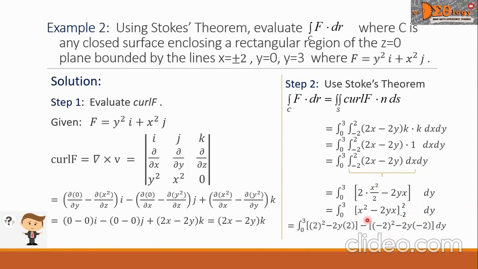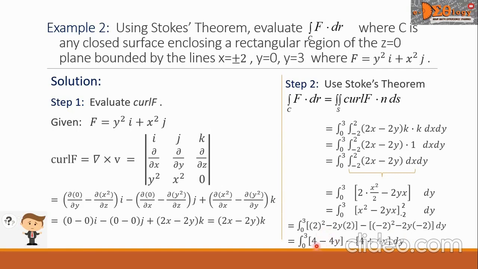So the first group will be, we evaluate this function with respect to positive 2. It becomes like this, minus the second group. That is, the function is evaluated with respect to negative 2. Now let us simplify both groups.